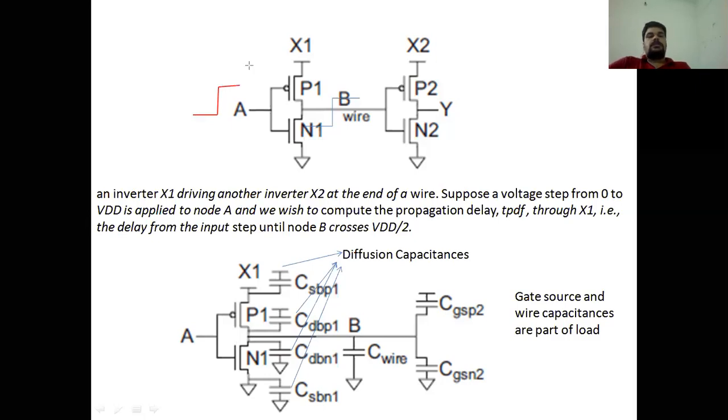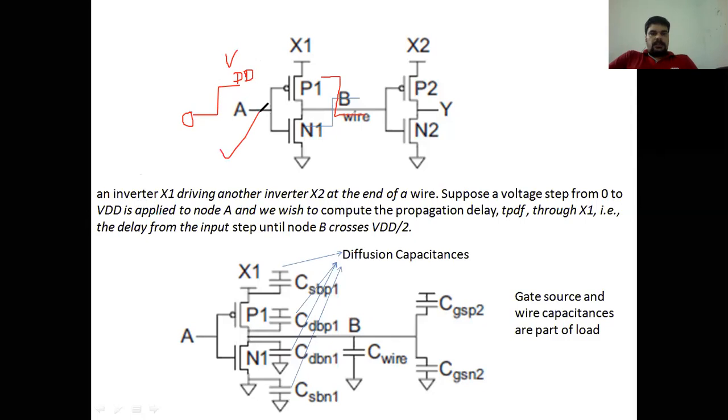This value is, let's say, 0, and this is VDD. Like this we have applied. As the input is applied like this, the output of this CMOS inverter will be like this. So it will be the output of the inverter.